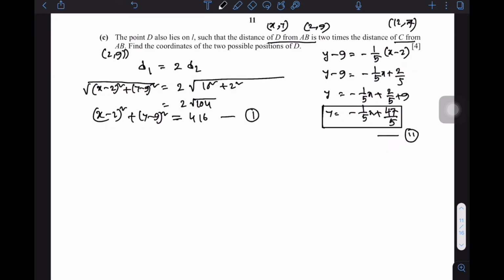Let me substitute y equals minus 1 by 5 x plus 47 by 5 in equation number 1. So (x minus 2) whole squared plus (minus 1 by 5 x plus 47 by 5 minus 9) whole squared equals 416.